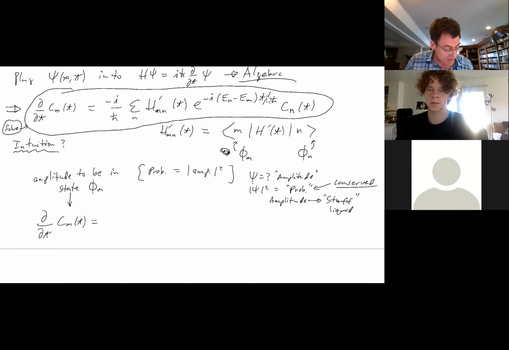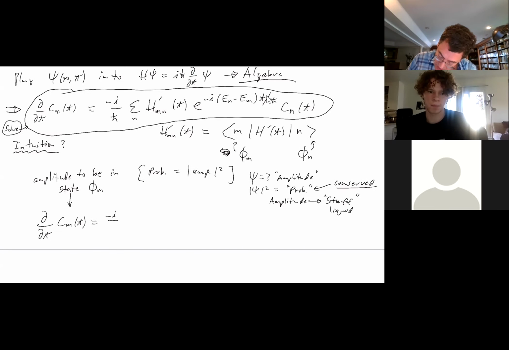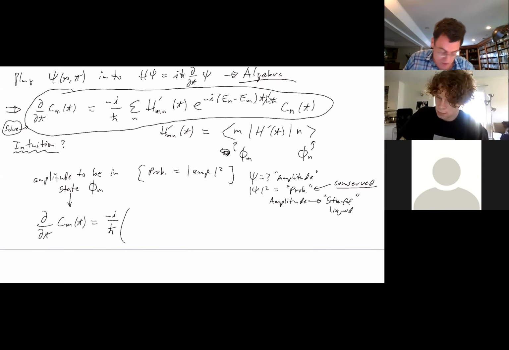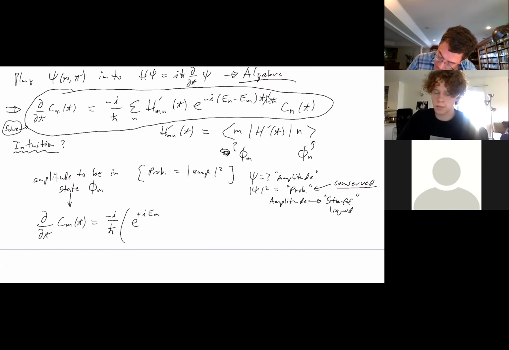So let's look at this equation and rewrite it. A nice way to rewrite it, at least in my opinion, is like this. Let's take that constant in front and not worry about it: minus i over h bar. Then this little part, e to the plus i E_m t over h bar times m, the state m.